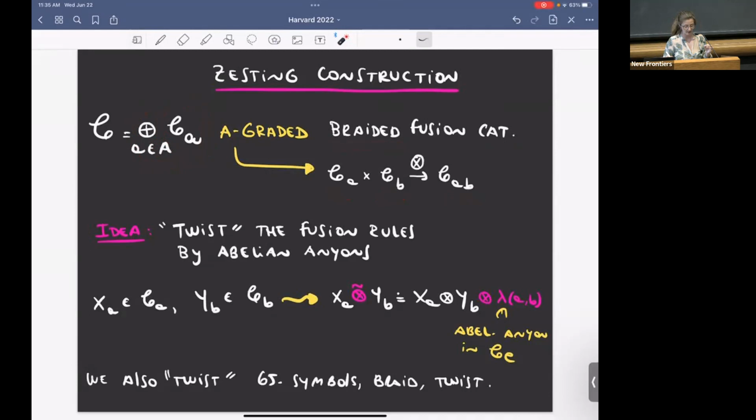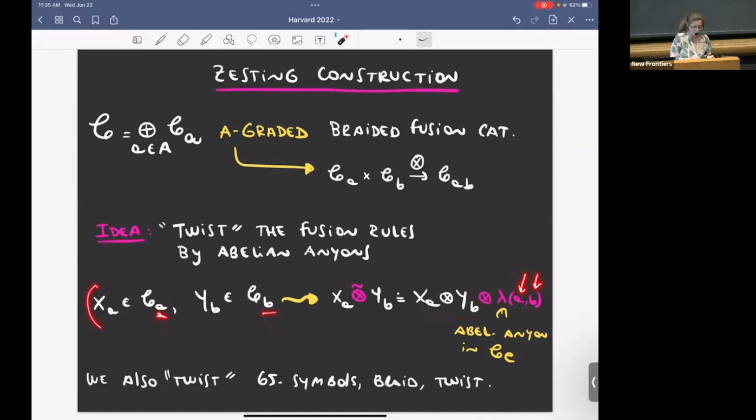So what was the idea? As I told you before, we want to modify slightly. We want to add a little bit of flavor to our fusion rules by tensoring with an abelian anion, or with an invertible object. So if we have an object in the A-graded component and in the B-graded component, the new tensor product is the original tensor product tensored with some invertible object that is just determined by the labels here.